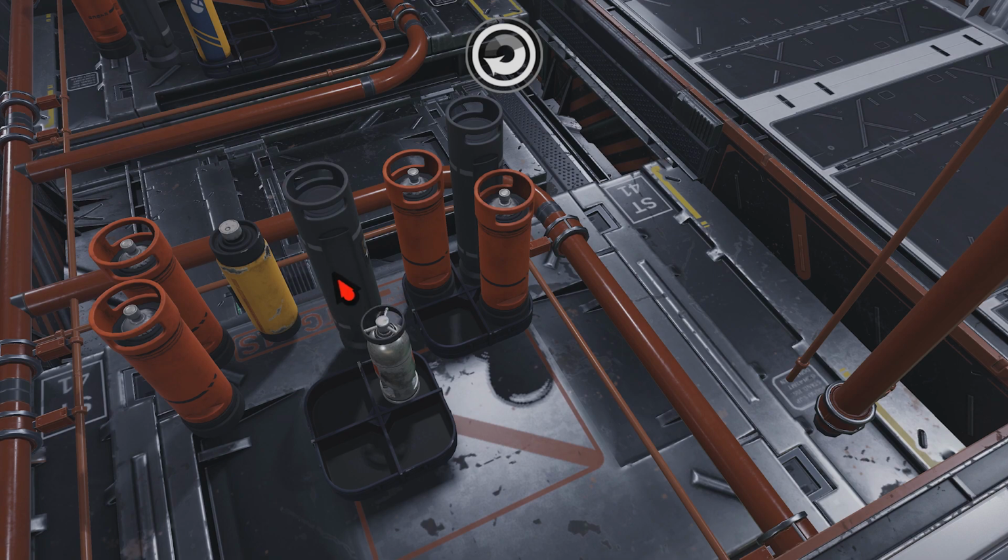If so, well, no, that wouldn't work anyway, because then we would need this combination, which you can't do, because we only have one of these silver canisters.